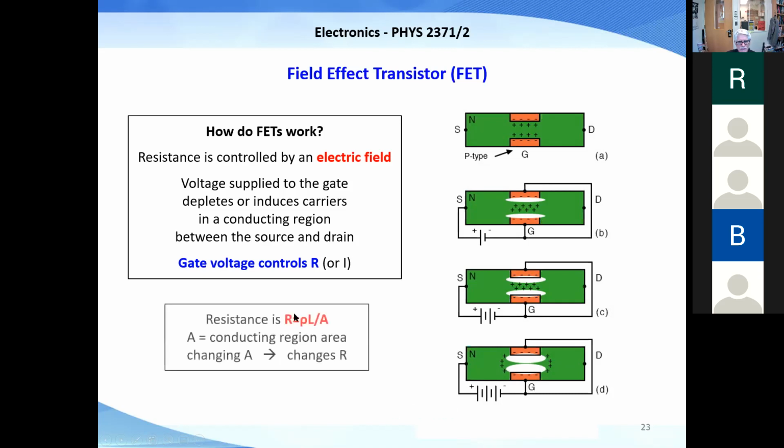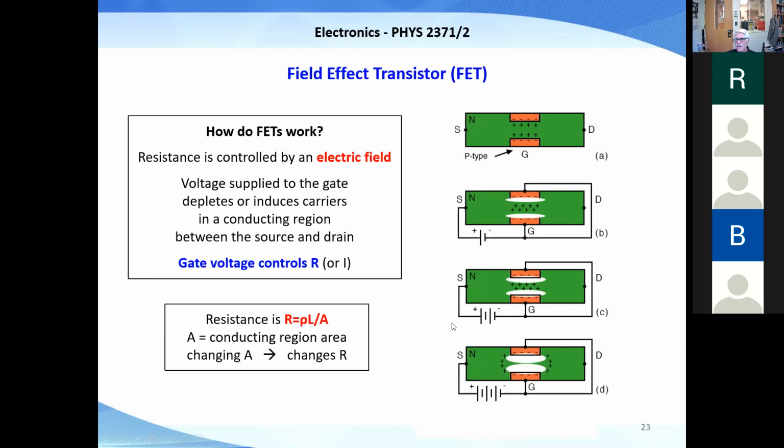Okay, so you see, you don't have any issues like in a bipolar junction transistor with current flows and so on. It's just a simple formula: the cross-sectional area, and perhaps the length, of the conducting region is changing a little bit, and the resistance is changing.